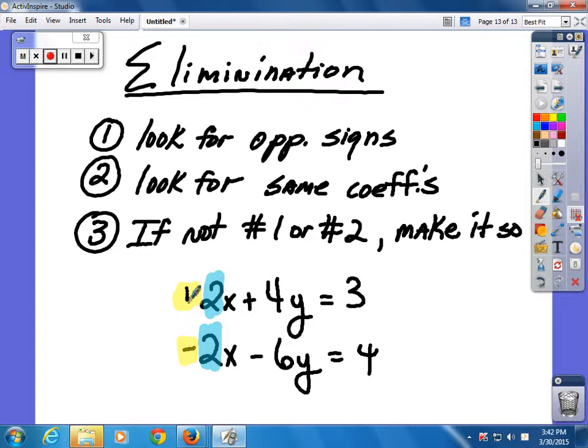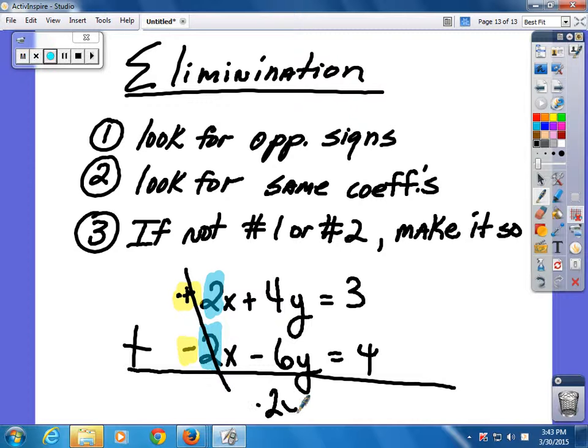So do we have number 1 and number 2? Then you just do it. What do you mean do it? You put a line under it, and you add them, or combine them. And what happens to the x term? It cancels. And 4 minus 6y is negative what? And 3 plus 4 is, and our y is equal to negative 7/2.